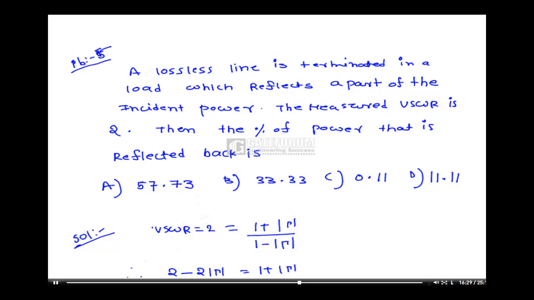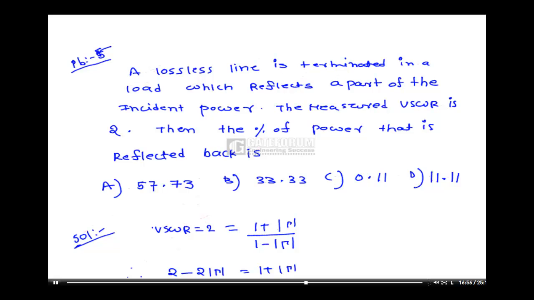Here they are not asking for the reflection coefficient. They are asking how much percentage of the power is reflected back. So how can I define the reflection coefficient? Reflected voltage by incident voltage, that is equal to either plus or minus 1 by 3. Now VR is equal to plus or minus VI by 3.